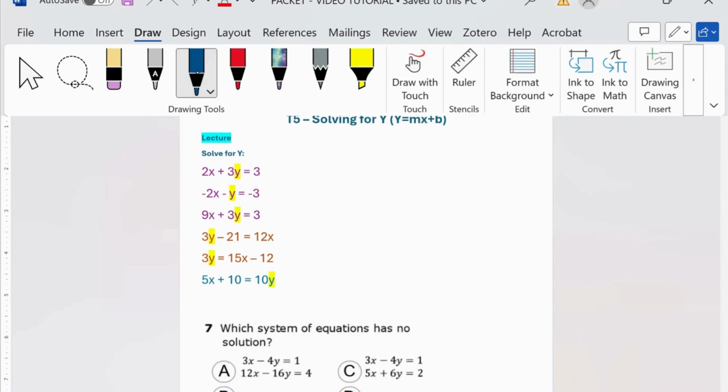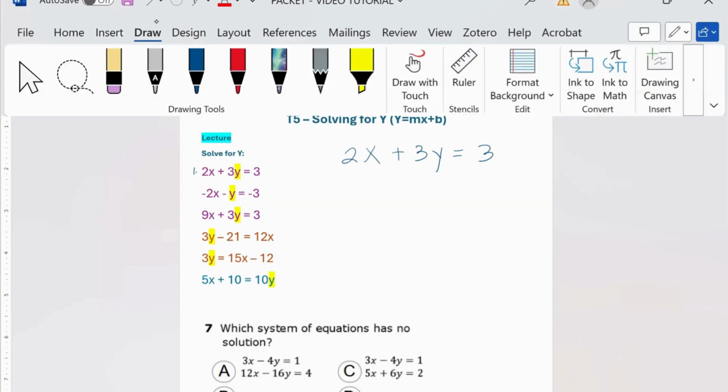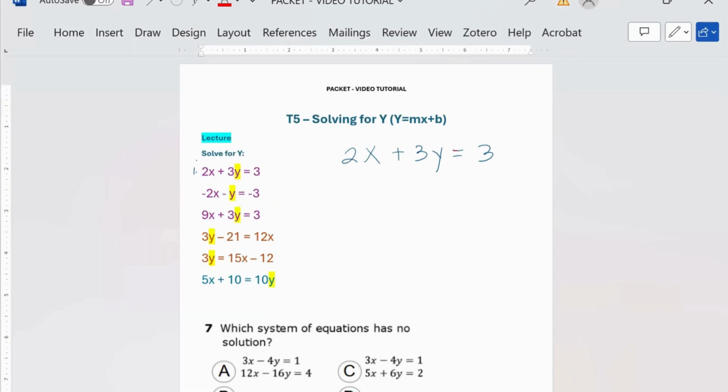So the first number here, it's 2x plus 3y equals 3. Now the strategy that I taught you last time is you make sure that whenever you see an equal sign like this, you put a parenthesis and subtract after the number or the term.